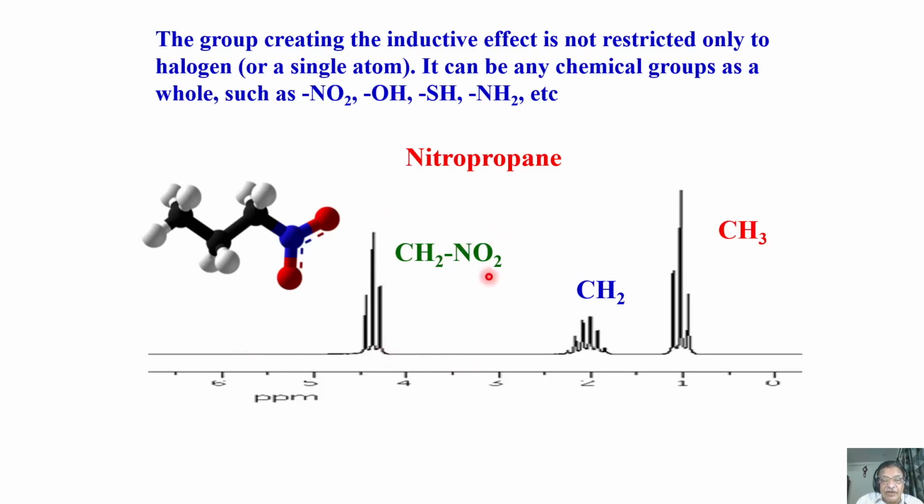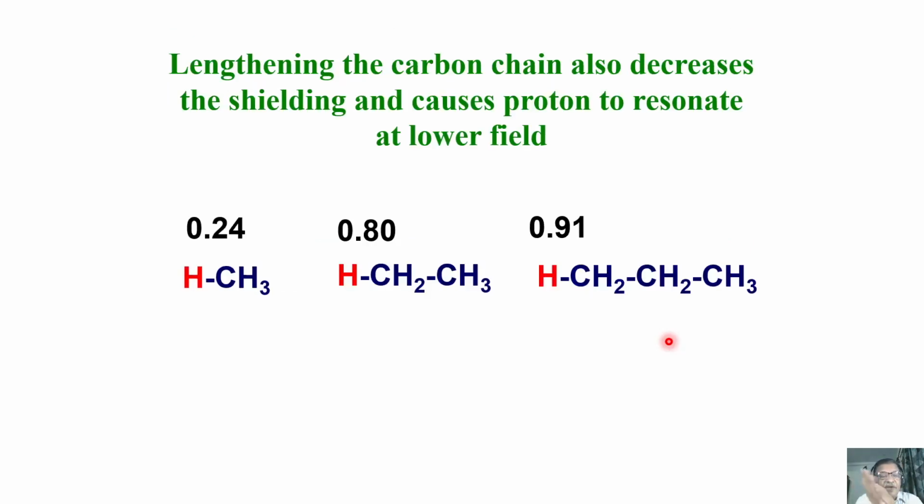If it is an electron donating group, it moves to high field. Simple logic, right? So the electronegative substituent has an inductive effect and has a great influence on the chemical shift of protons.